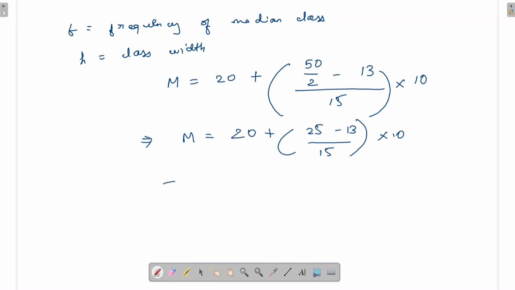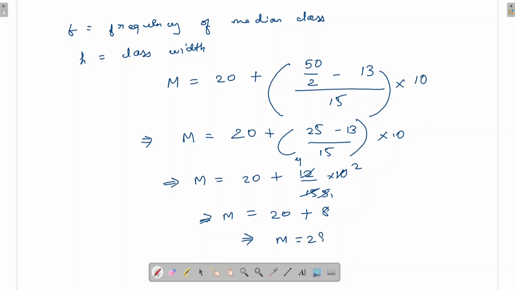This implies M is equal to 20 plus 12 divided by 15 into 10. 3 4s are 12, 3 5s are 15, 5 2s are 10. So 20 plus 4 times 2 is 8, which implies M is equal to 28, and that is the median.